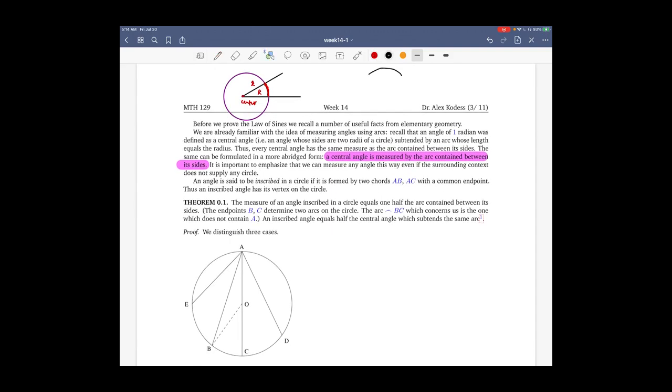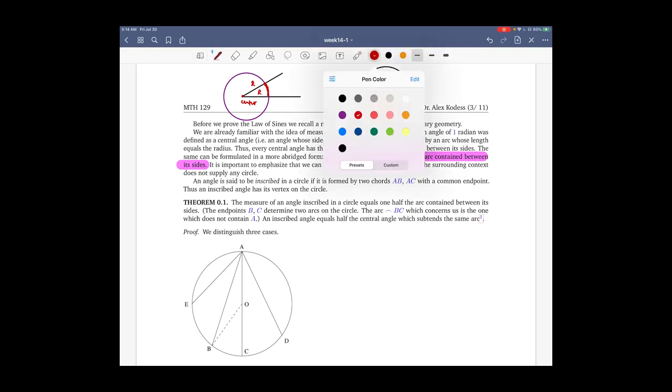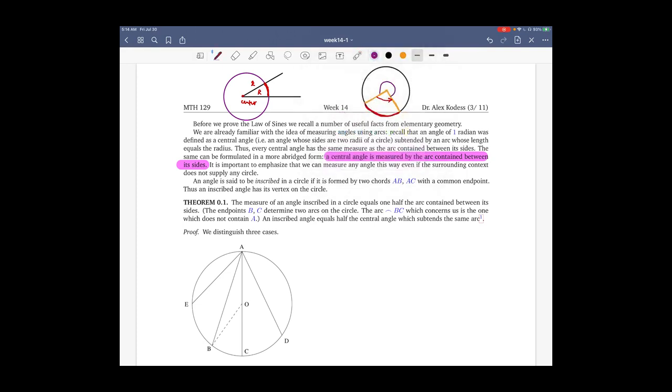If we have a circle, we can measure every central angle by the associated arc. Of course, we have this angle, and it's measured by this arc. And we also have this angle, which is measured by this arc.